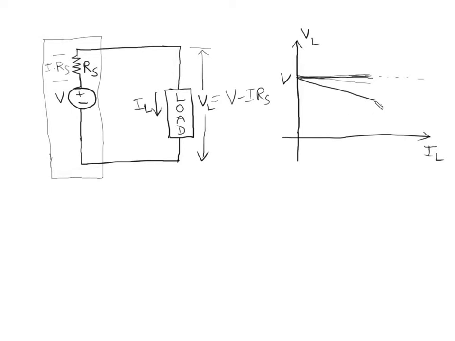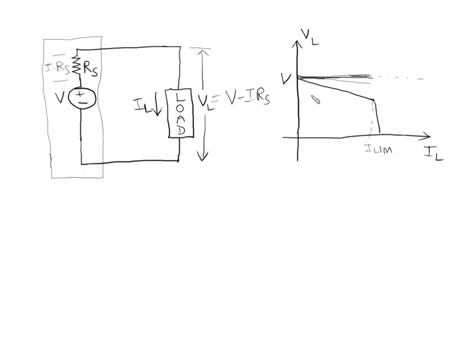Beyond a certain amount of current drawn from it, the voltage will actually just collapse down to zero. So there's a maximum limit on how much current some of these voltage sources can actually supply.